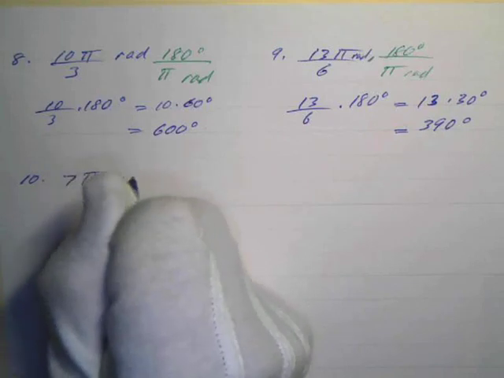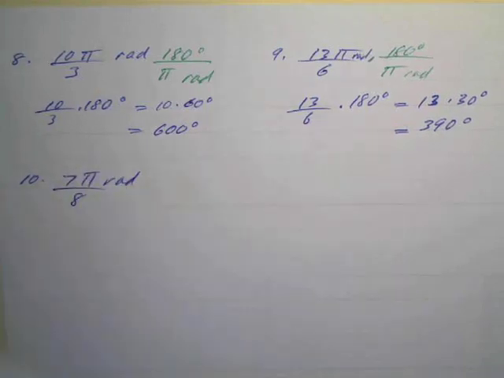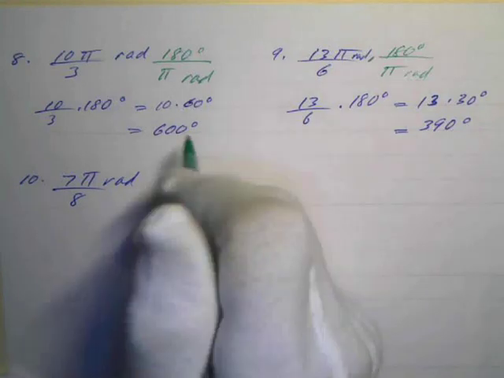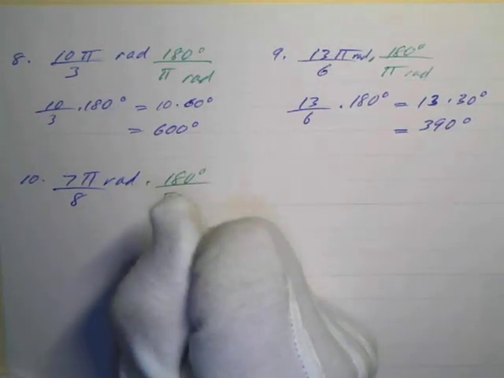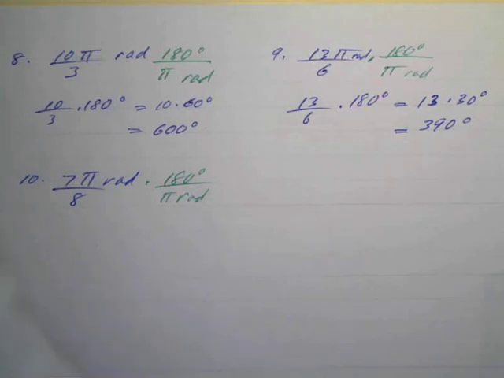And then number 10, 7 pi radians over 8. I'll write the radians in here. My conversion factor: I need the pi radians on the bottom, so it's going to be times 180 degrees over pi radians. So those pi radians will cancel.